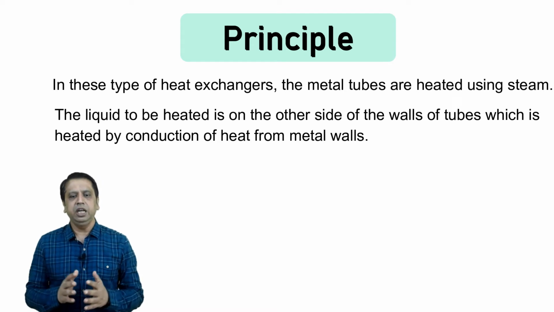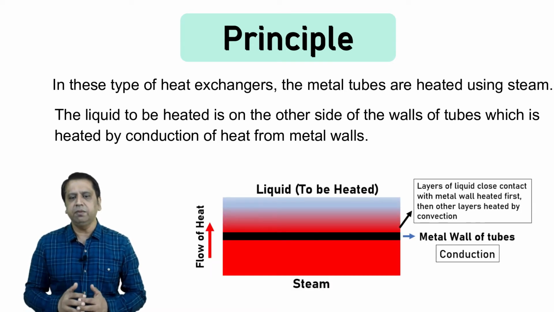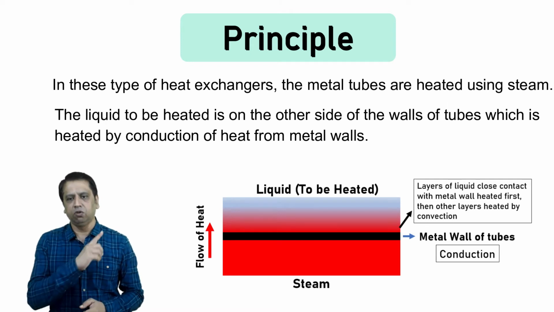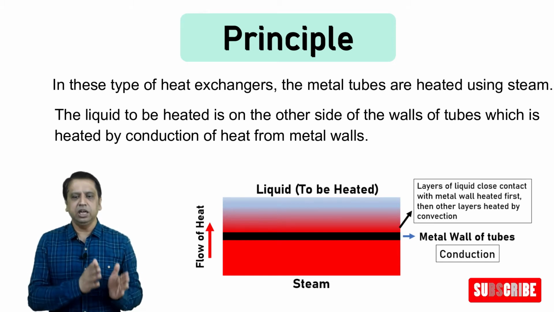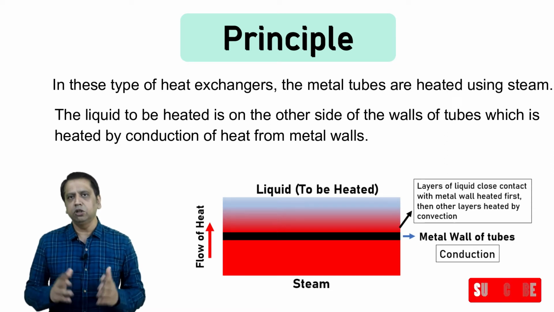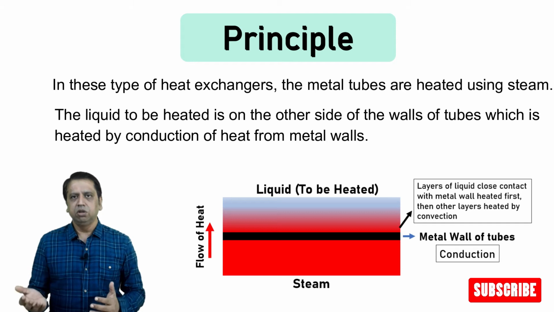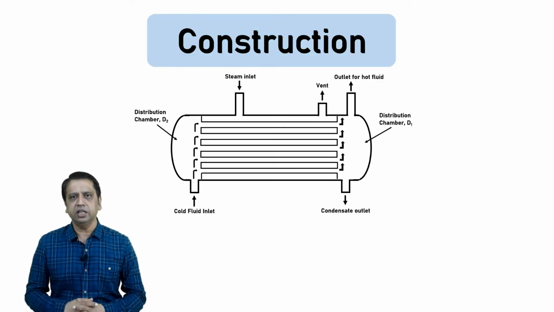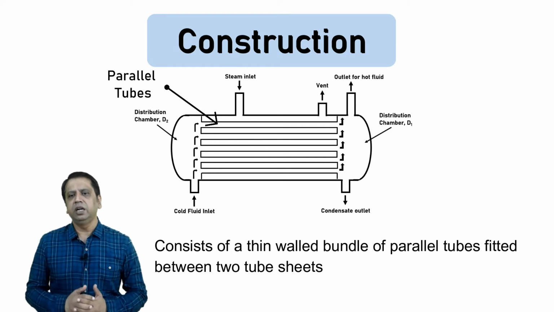The liquid to be heated is on the other side of the walls of the tubes, which is heated by conduction from the metal walls. The layers of liquid near the metal walls get heated first, and then heat is transferred to another layer by convection. So in this way, conduction and convection both play an important role in transferring heat from steam to liquid.